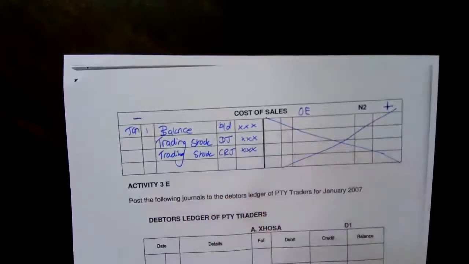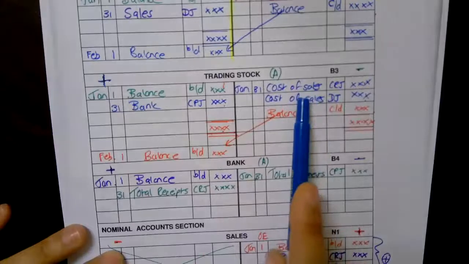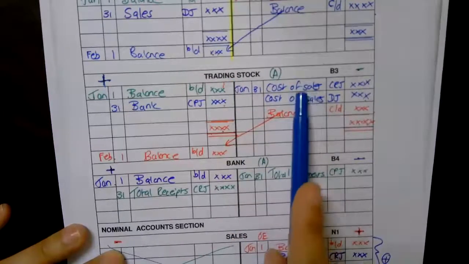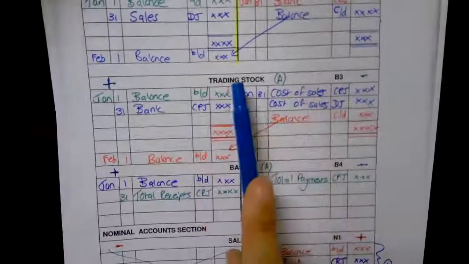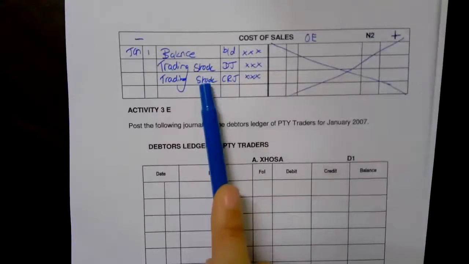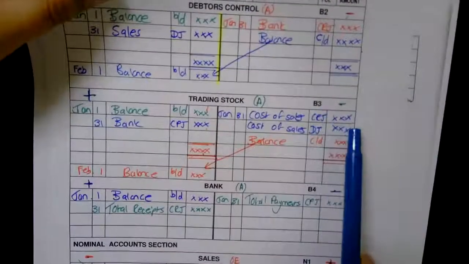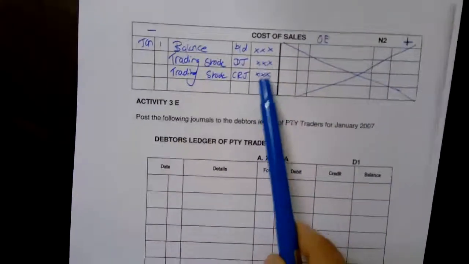Okay, if you are unsure about where this information comes from, if you look at the trading stock account, you'll see trading stock has been credited with cost of sales. If trading stock is credited with cost of sales, then cost of sales must be debited with trading stock. So the amount that you wrote here next to the CRJ and the amount that you wrote here next to the DJ in the trading stock, those same amounts go here.